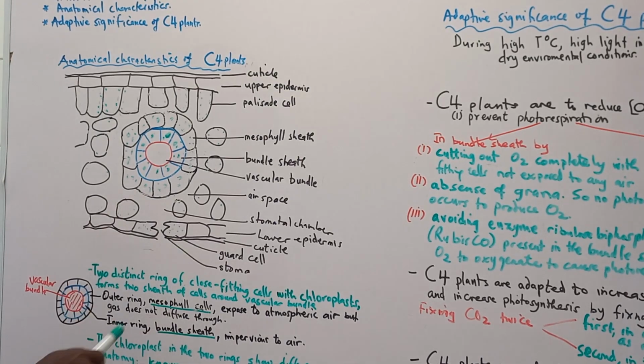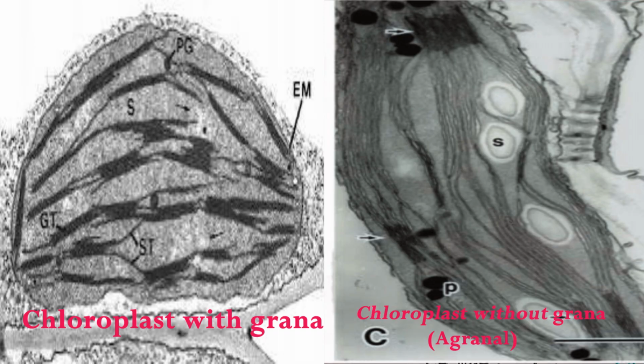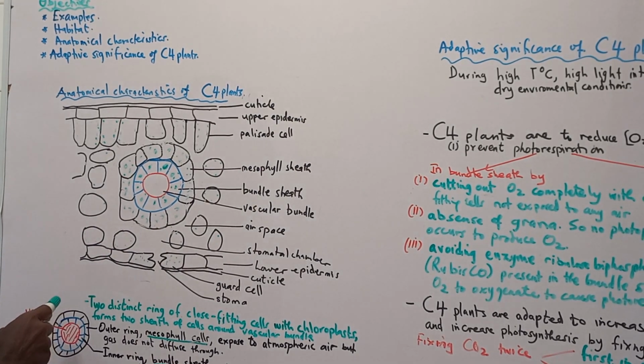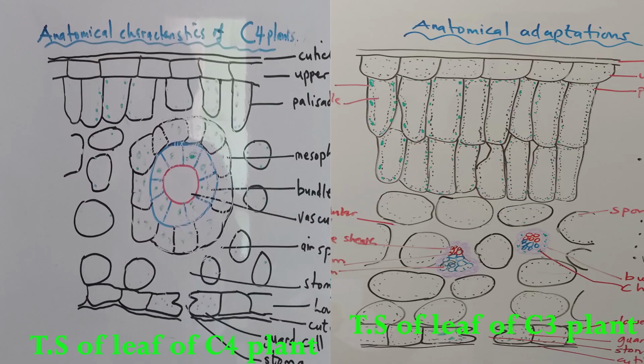And the chloroplasts are said to be dimorphic because the chloroplasts in the mesophyll cells have grana, and the chloroplasts in the bundle sheath have no grana, they are agranal, as we see. If you compare the anatomy of the leaf of a C4 plant, it will be very different from a C3 plant.